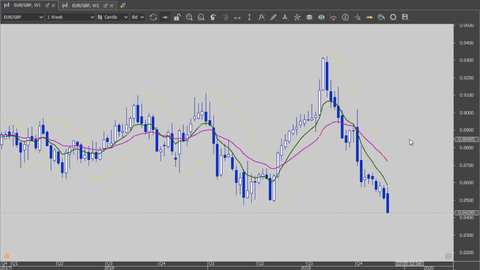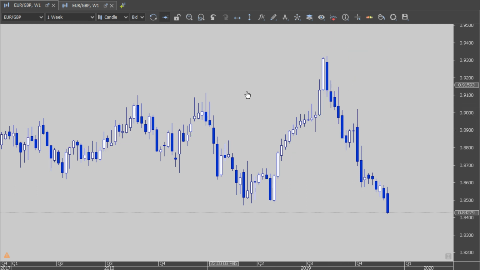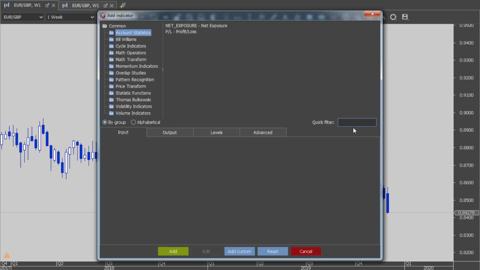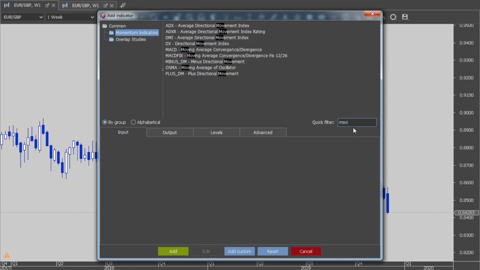Can you repeat please the parameters on the exponential EMA? Yes sir. Okay, I'm going to delete, everybody. So you go here, you go add indicator, and you write expo. Now moving, where is the moving average?